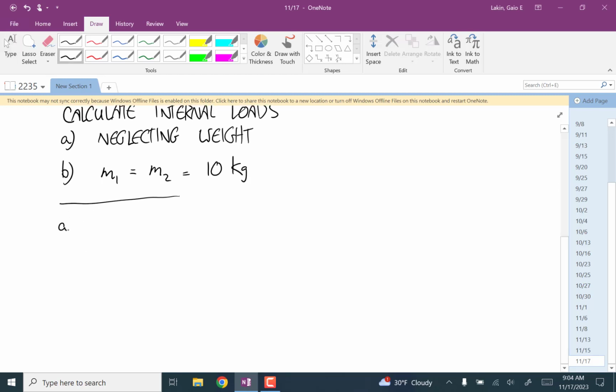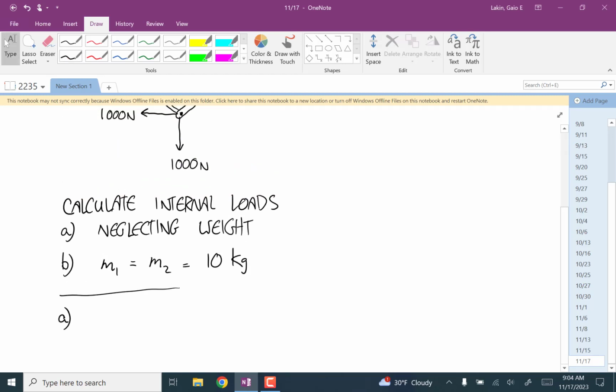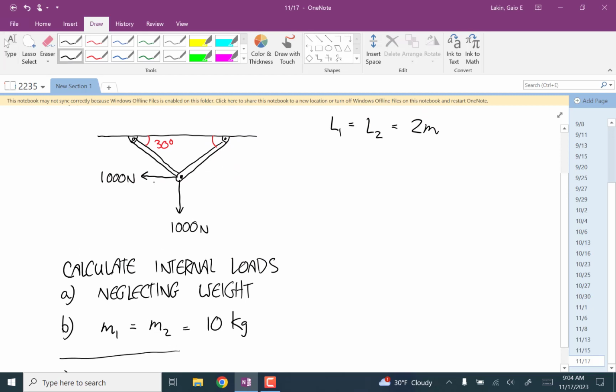And for part A, if you neglect the weight, then each of these bodies is a 2-force member, and you end up with each body in pure tension or compression. In this case, they were both in tension.